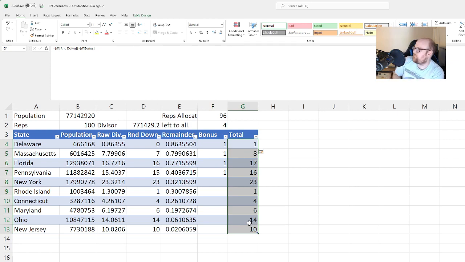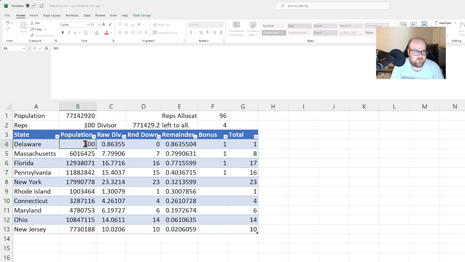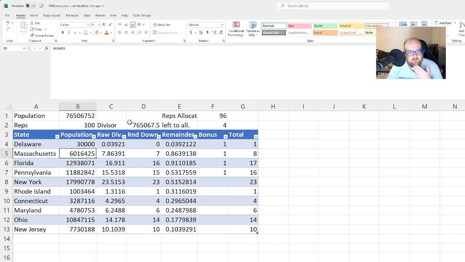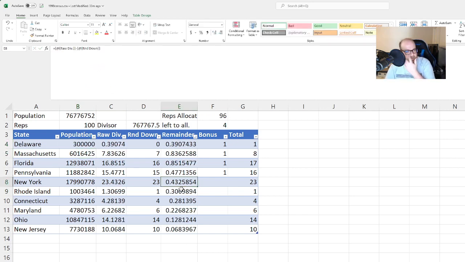It is possible in a Hamilton apportionment for a state to have none, but in this case we avoid that. But if Delaware's population were much smaller, say if this population were like 30,000, let me make that 300,000, then in this case Delaware would actually not get one because the last one would be stolen by New York.